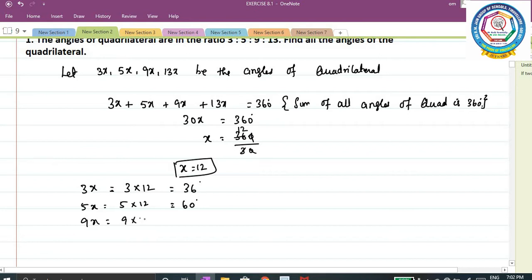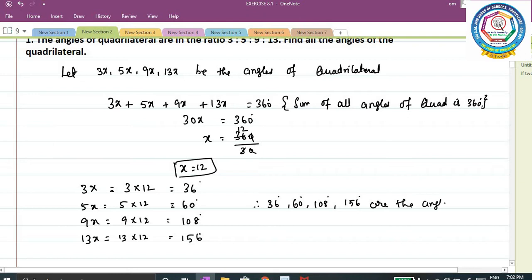So 9 into 12, that is equal to 108. Next one, 13x. So 13 into 12. 13 twelves are 156. Therefore 36 degrees, 60, 108 degrees, 156 degrees are the angles of the quadrilateral.